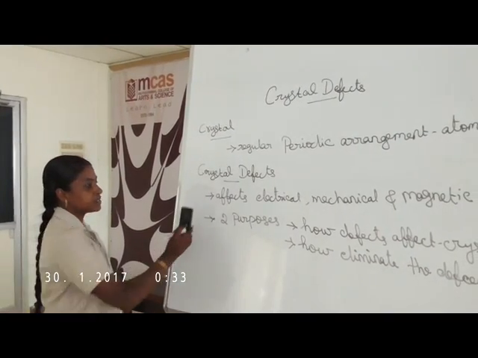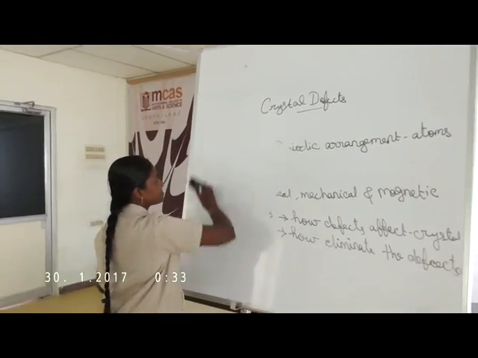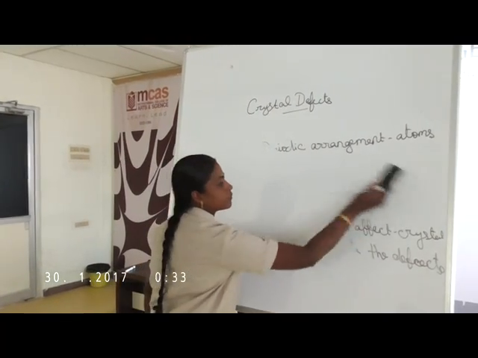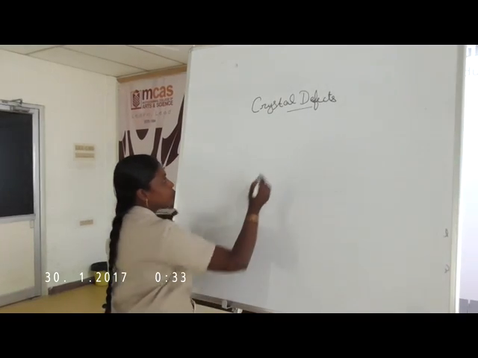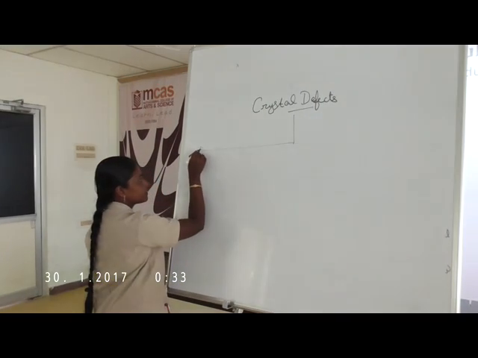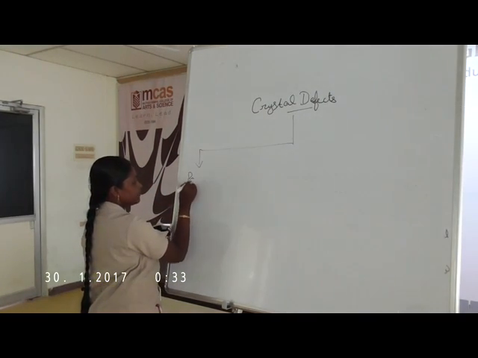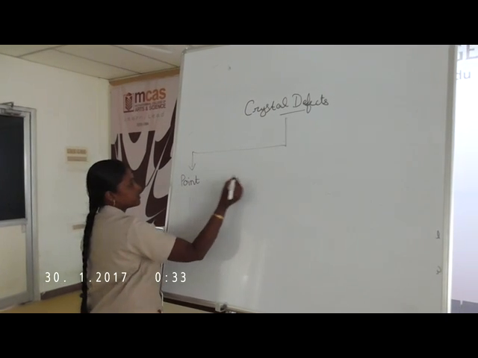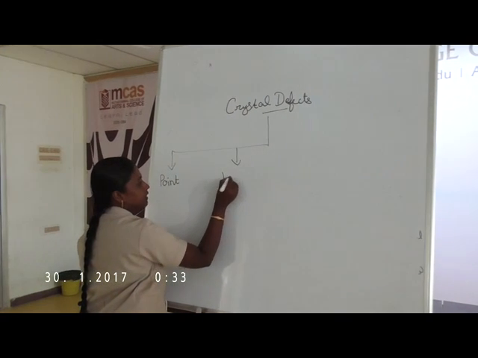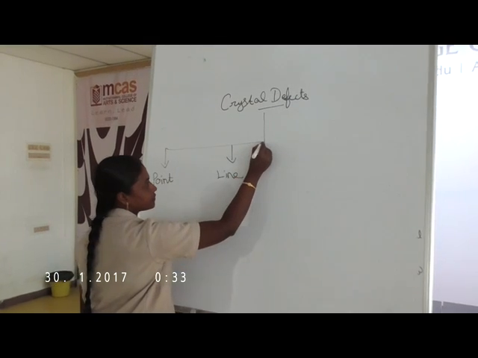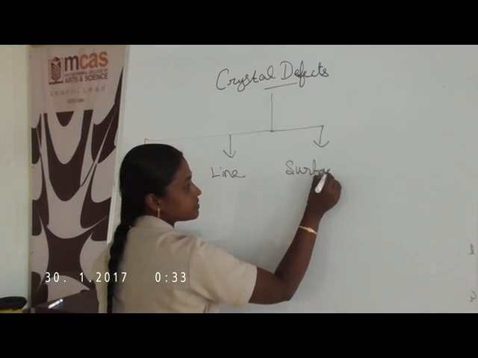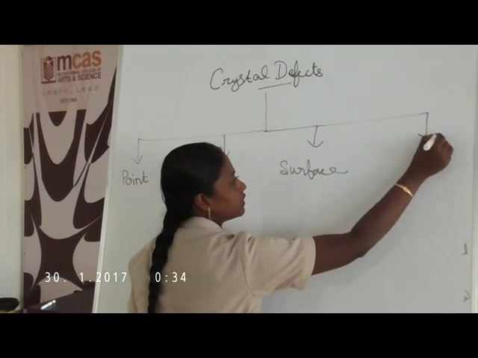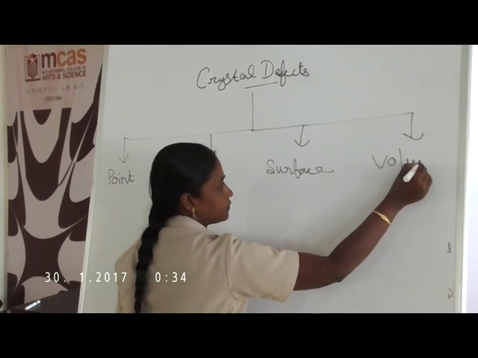There are four types of crystal defects. First one, point defects. Second one, line defects. Third one, surface defects. And fourth one, volume defects.